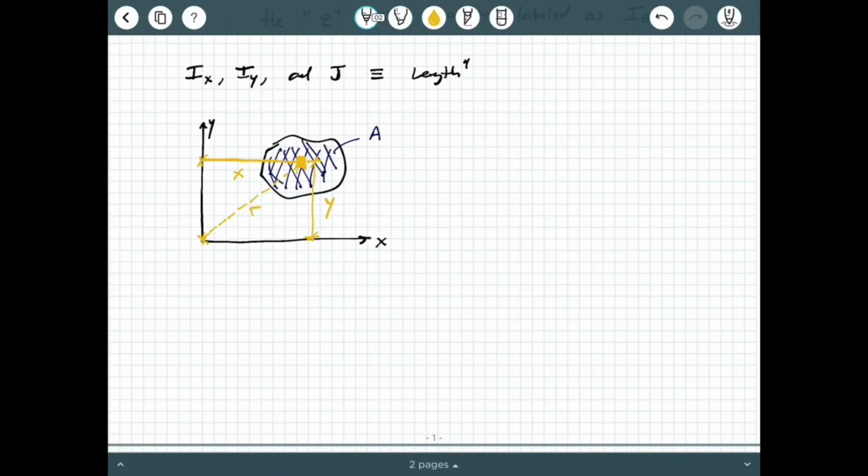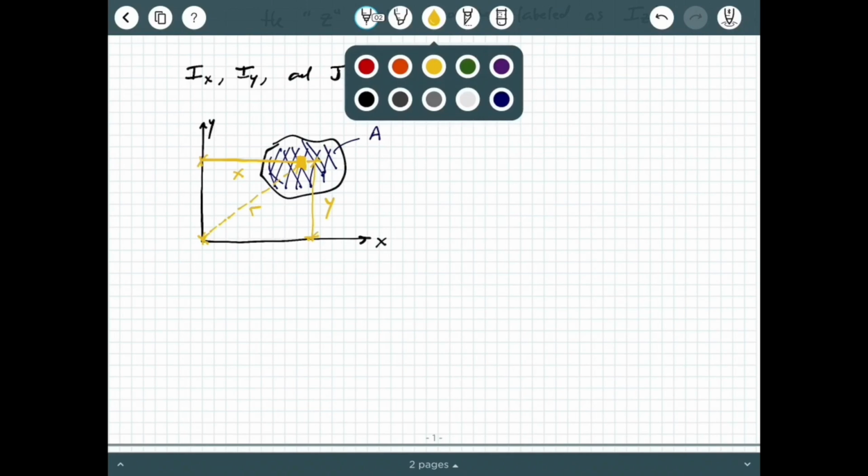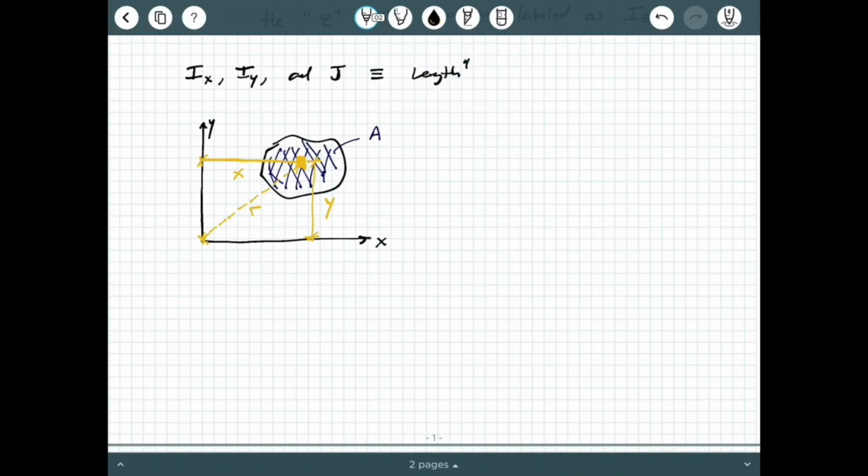And so the way we compute the moment of inertia of this area about an axis is the following. We're going to say I sub x equals the integral over the area of y squared dA.